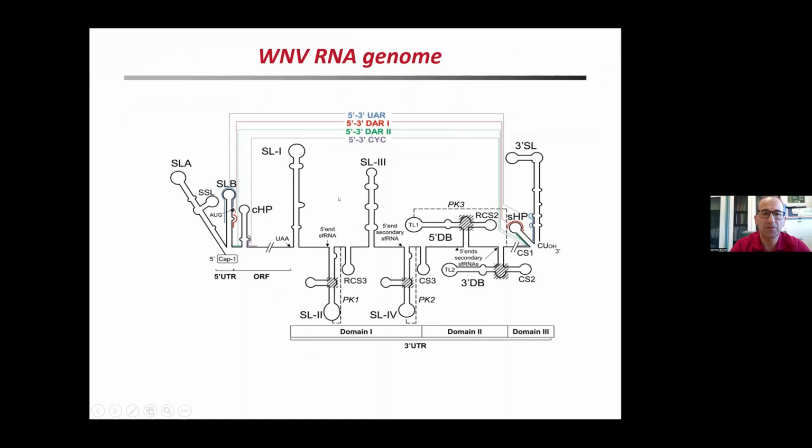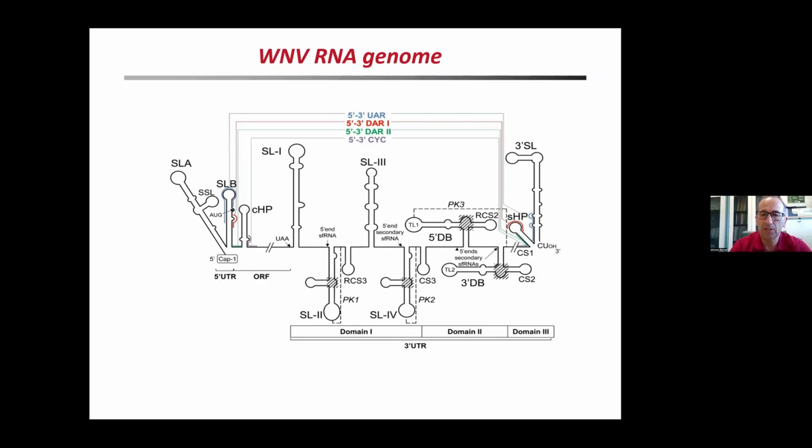As you can see in this figure, both ends are also very rich in discrete structural units that play important functions for the virus. In this case, complementary sequences have been identified at both ends of the genome that are involved in the interaction between the two ends, and this results in the circularization of the genome.